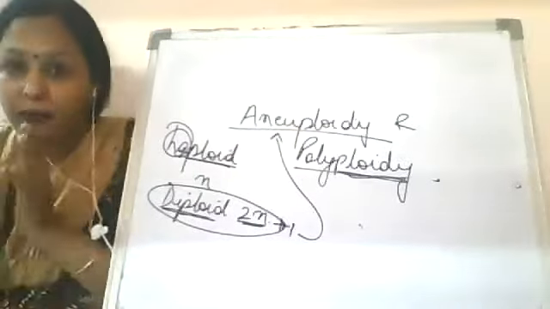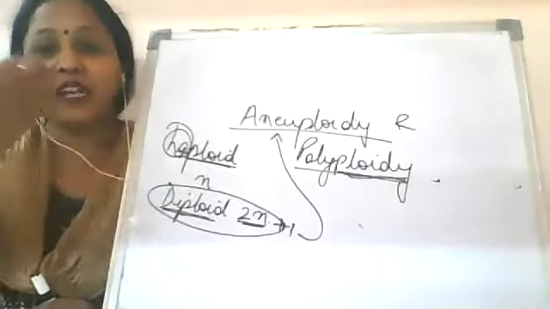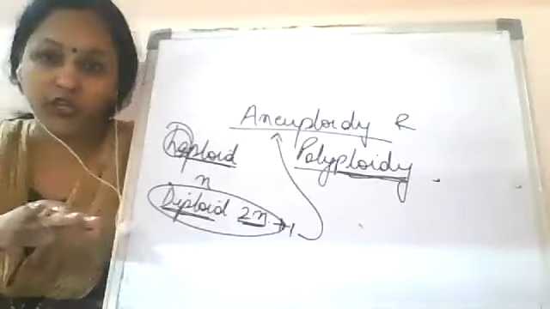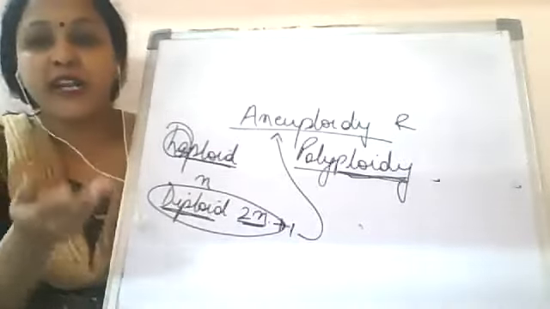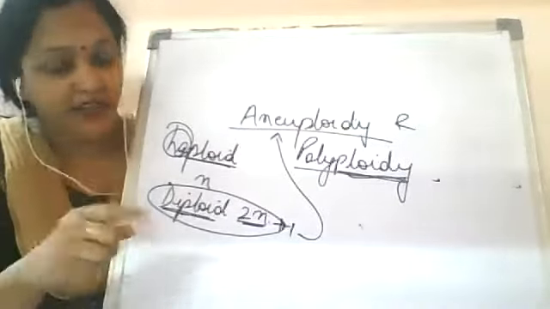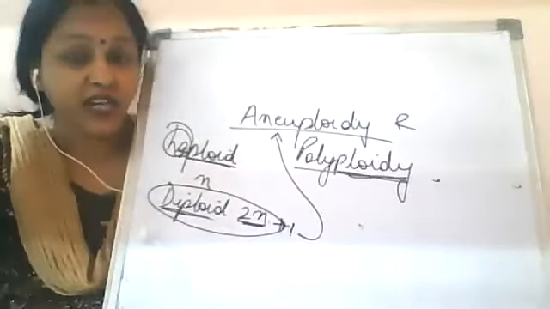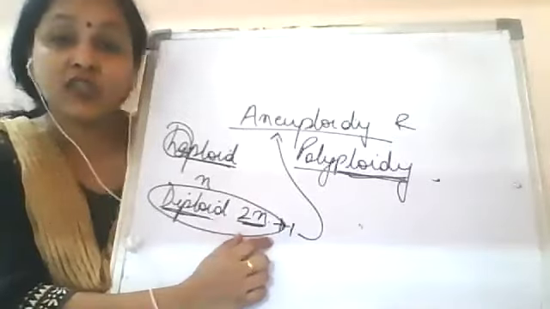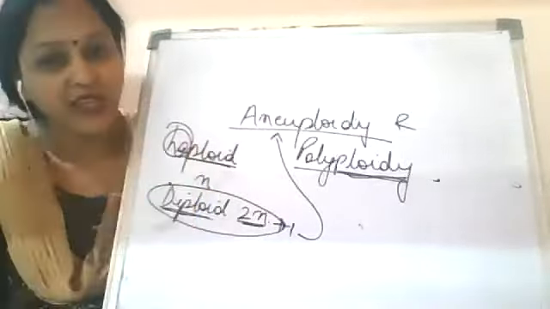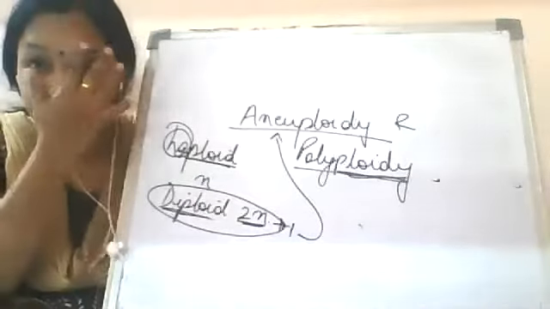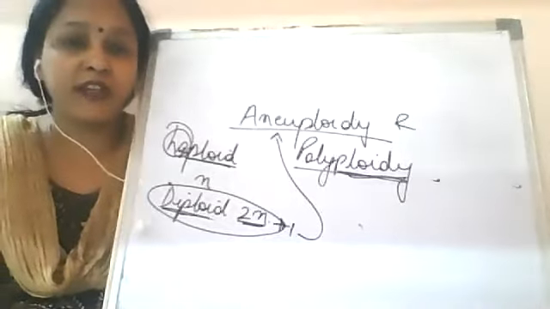That is, apart from the normal diploid condition, one chromosome is either extra or short. The 46 plus 1 condition is found in people suffering from Down syndrome, because the 21st chromosome is triple. Is this clear, Rajan? Yes. Okay, any other doubt?